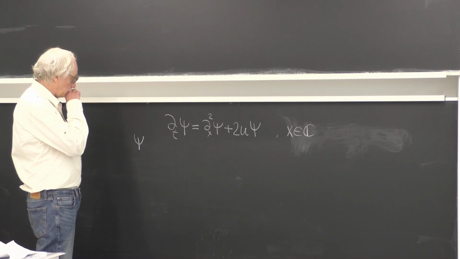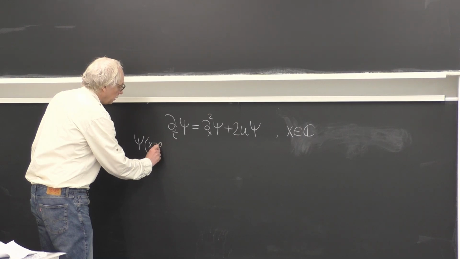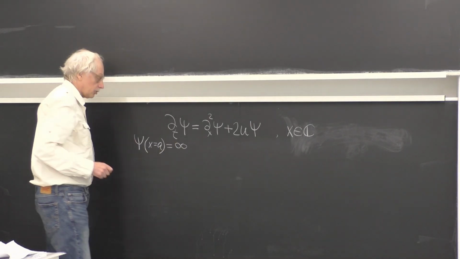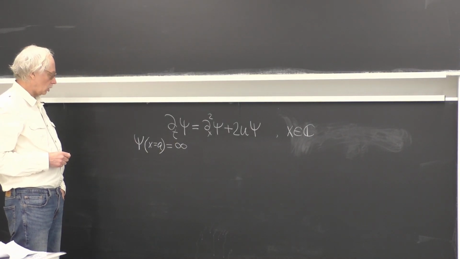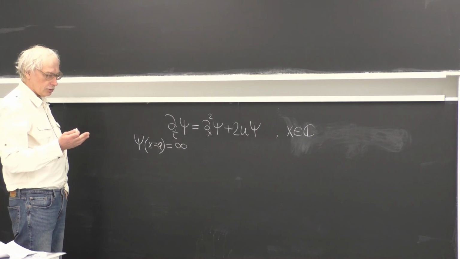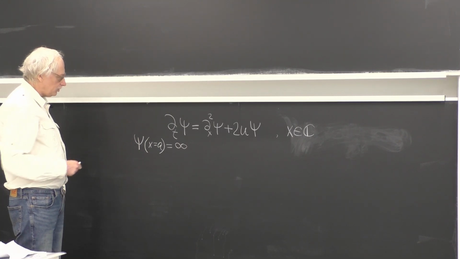So suppose that at some point a there is a singularity. What type of singularity could this be?